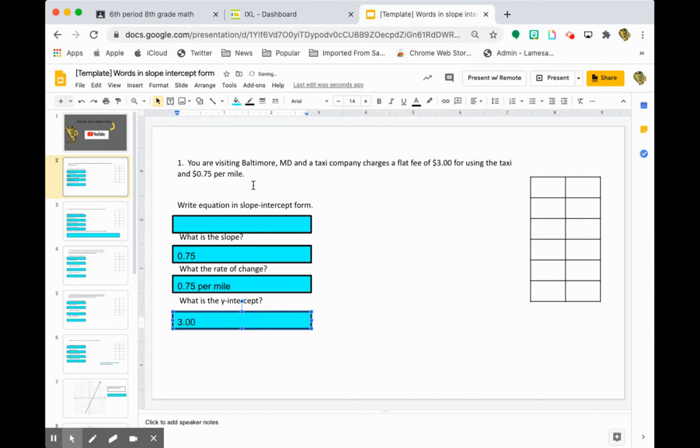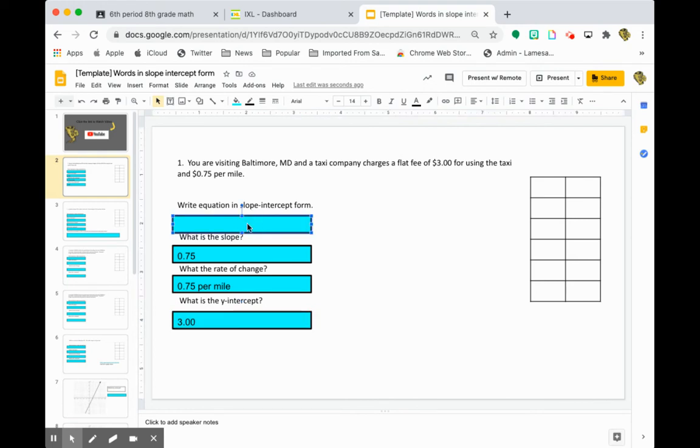The way I explain the y-intercept is it's like the beginning fee. So when the taxi shows up, you pay him $3 and then you pay him 75 cents per mile after that. And so our equation would look like this.